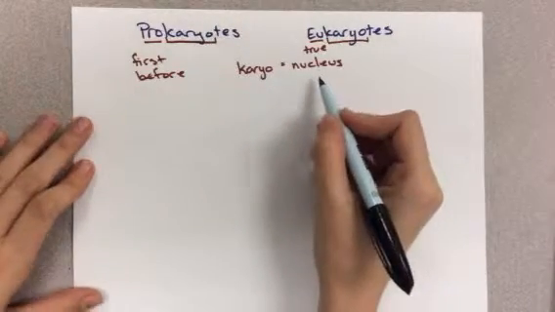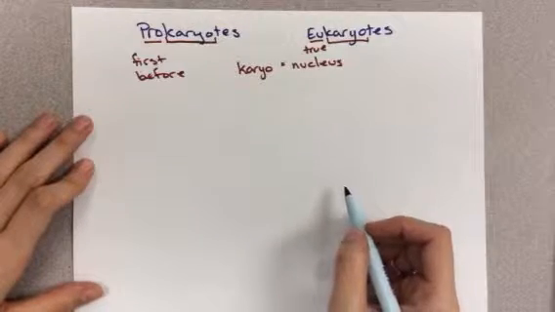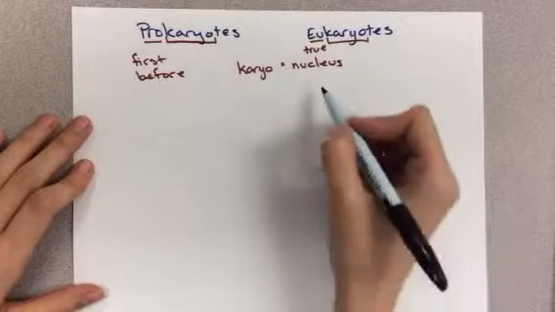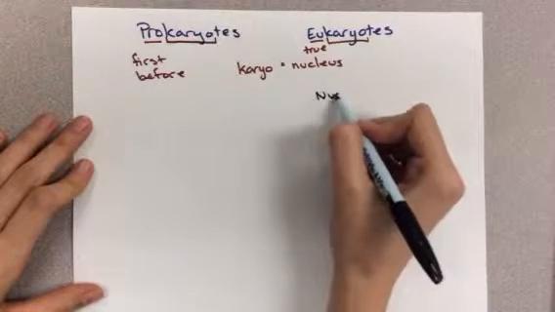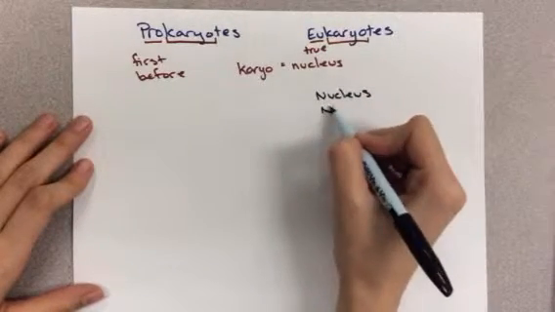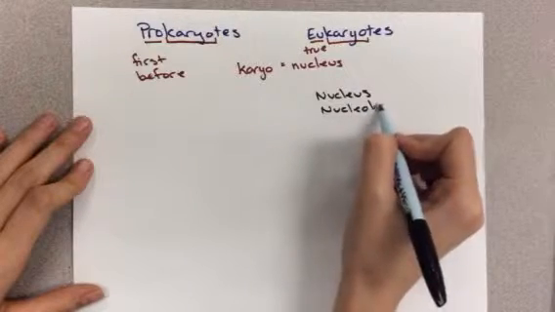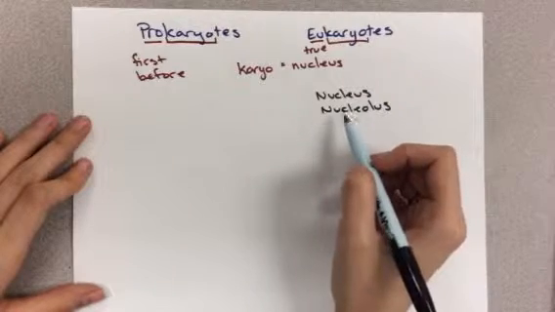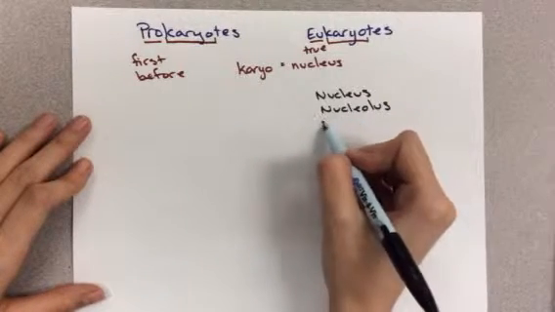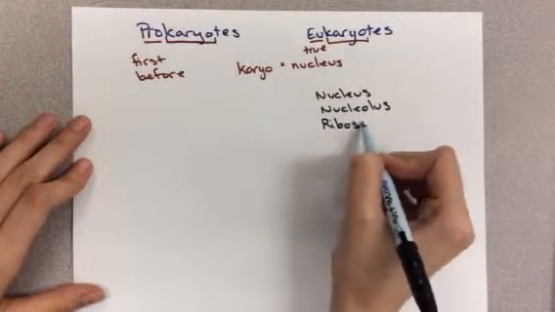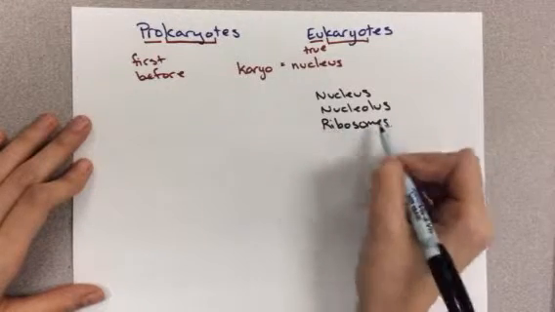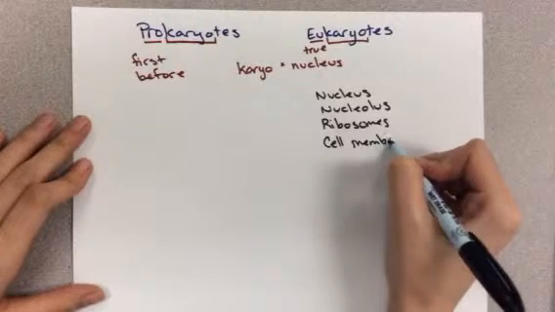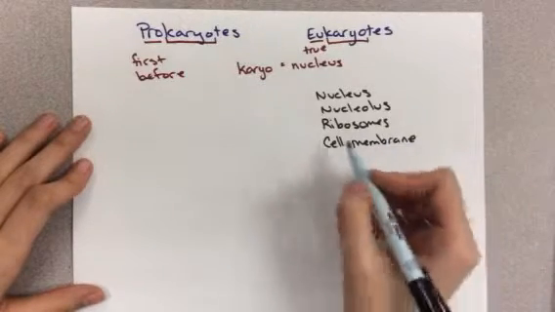So let's look at all of the parts that we talked about with eukaryotes. Keep in mind that plant and animal cells are eukaryotes. We looked at nucleus and nucleolus. The nucleus contains the DNA. The nucleolus inside the nucleus makes the ribosomes. Ribosomes make proteins. Cell membrane, or you'll see plasma membrane, those are the same thing. That's the boundary.